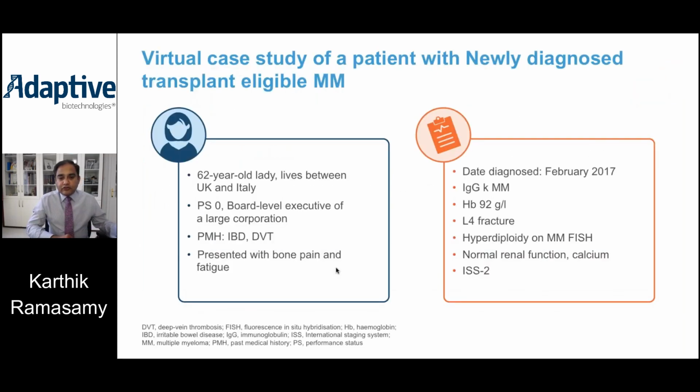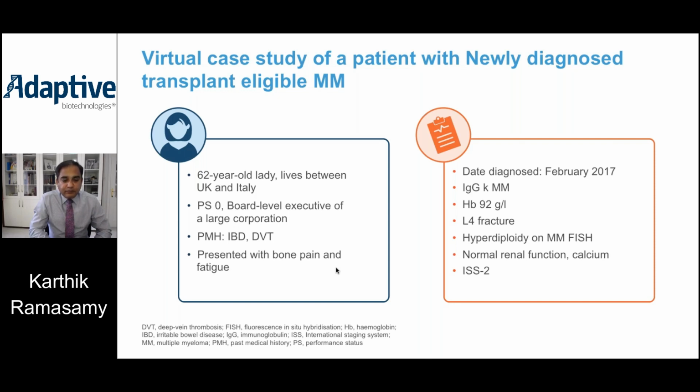So I want to talk through 3 case studies with you of patients with potential use of MRD in clinical practice. The first patient is a 62-year-old lady who lives between the UK and Italy. She has a performance status of 0. She's a board level executive of a large corporation with a past medical history of inflammatory bowel disease and DVT.